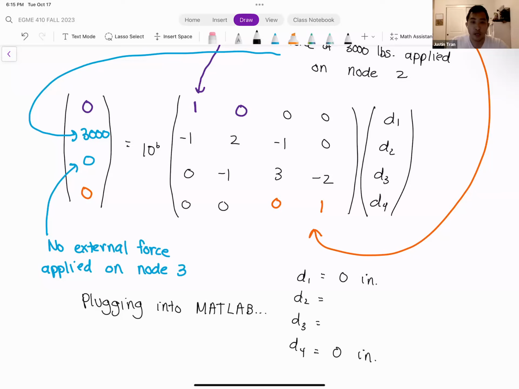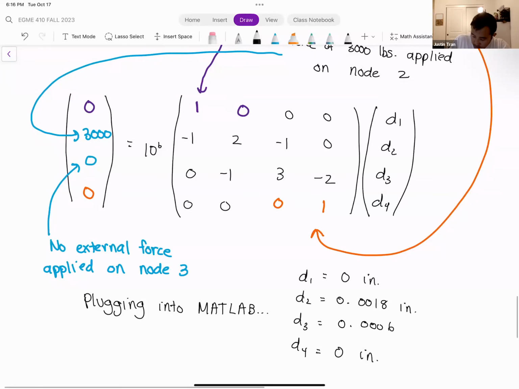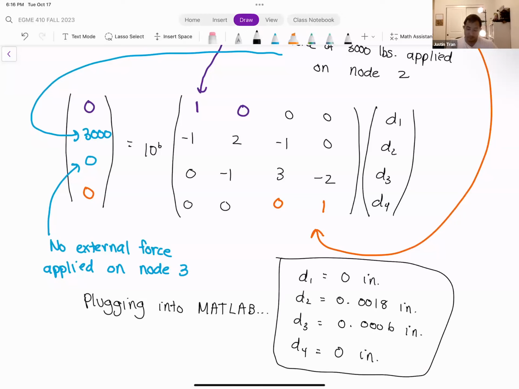D2 is going to be 0.0018 inches, and D3 is going to be 0.0006 inches. All right, and so that's the solution to our problem here.